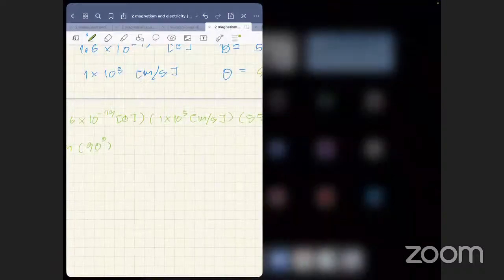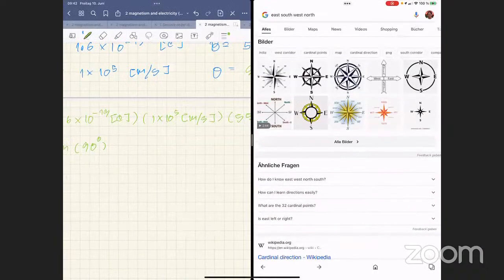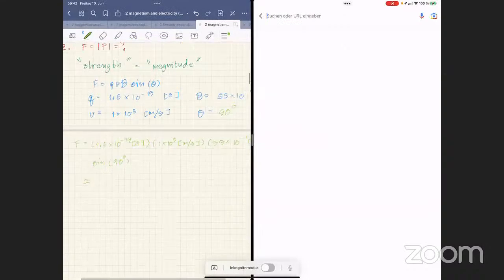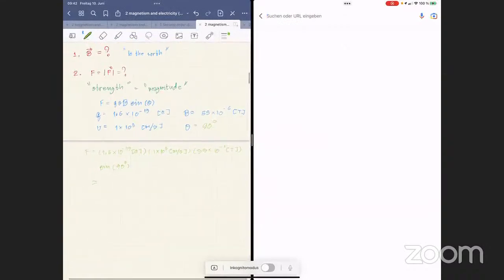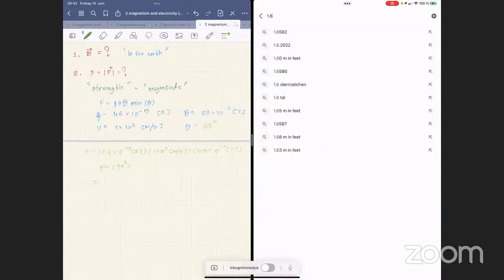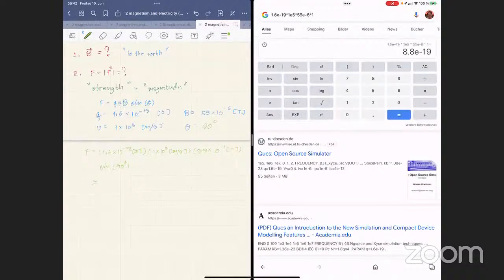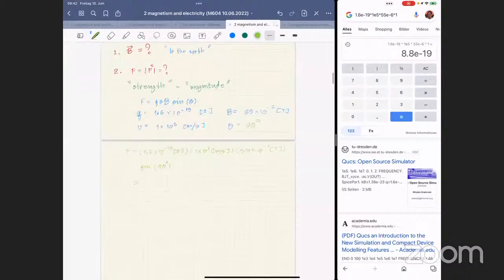1.6 e minus 19 and 1e5 times 55 e minus 6 times 1, which gives 8.8 e minus 19.